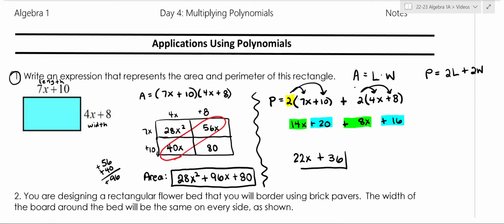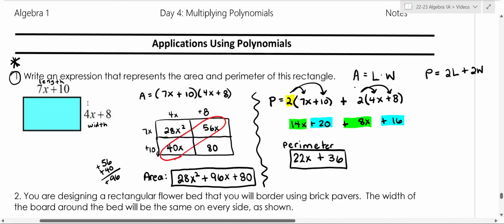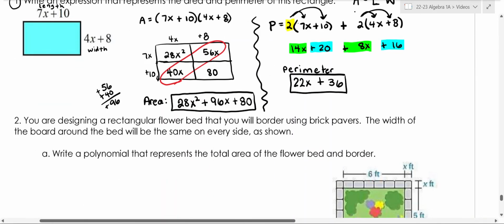So this is the expression for the perimeter. Rewatch if you need to, but once again, this is a type of problem that will be on the test: find the expression for an area and for a perimeter.